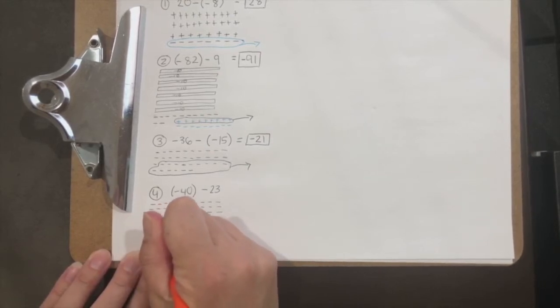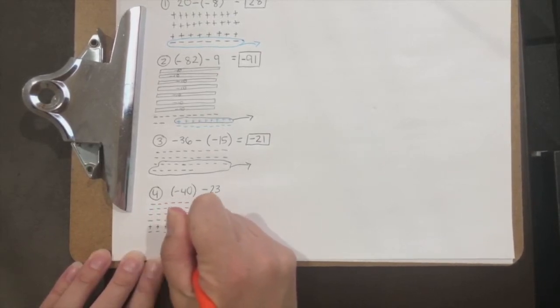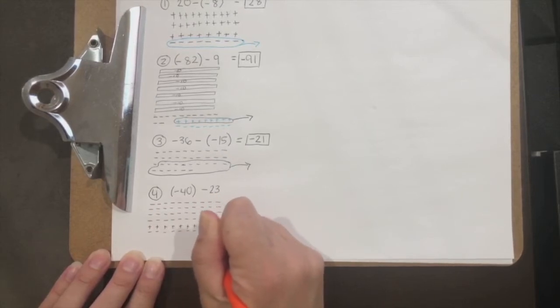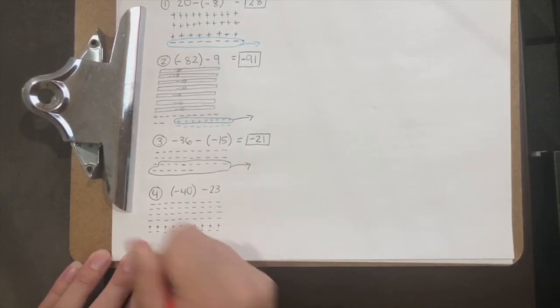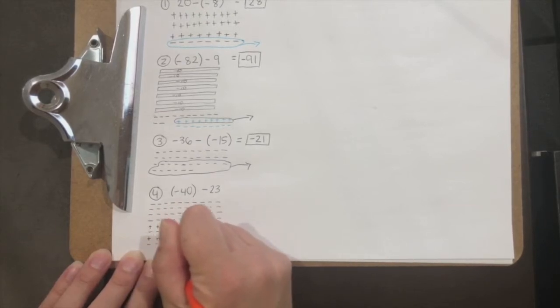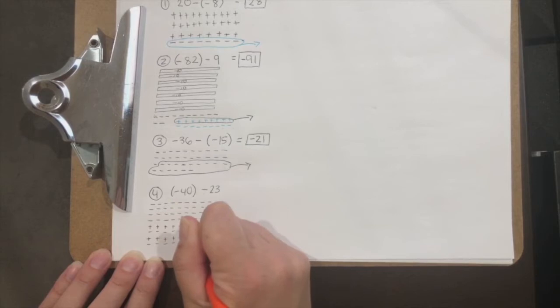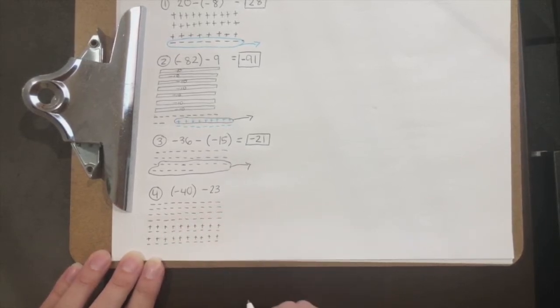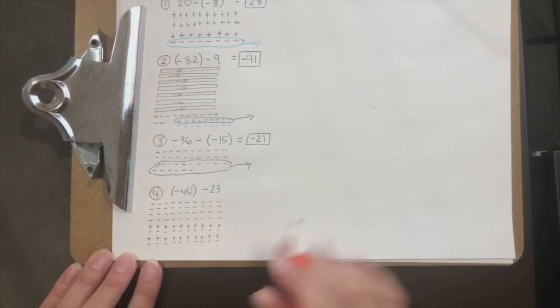1, 2, 3, 4, 5, 6, 7, 8, 9, 10. Got to keep going. 11, 12, 13, 14, 15, 16, 17, 18, 19, 20. We put in 20 zero pairs.